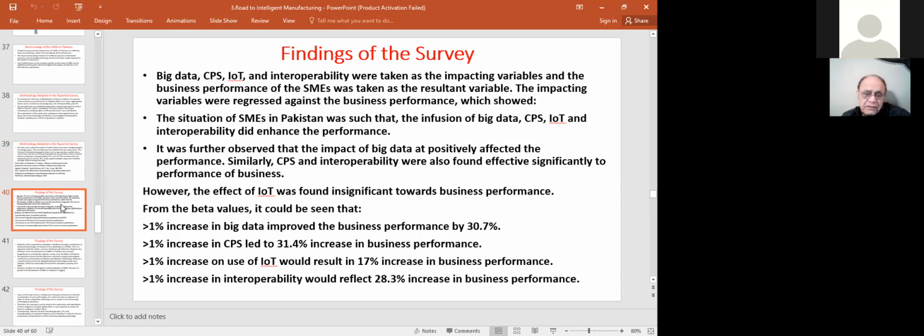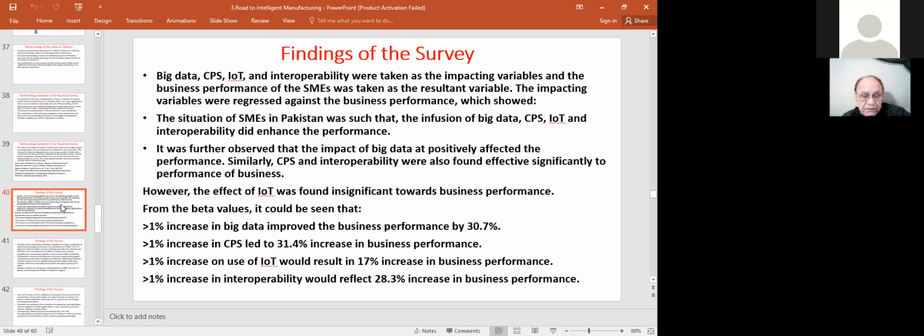The interesting relationships derived were these: a 1% increase in the use of big data could improve business performance by 30.7%. A 1% increase in CPS use could lead to a 31.4% increase in business performance.